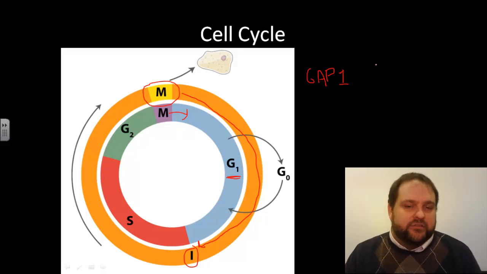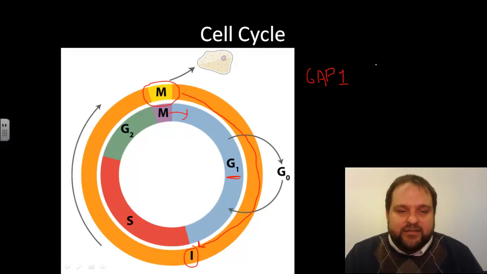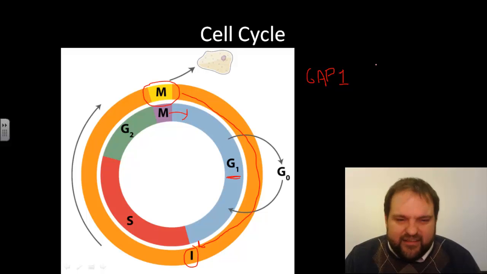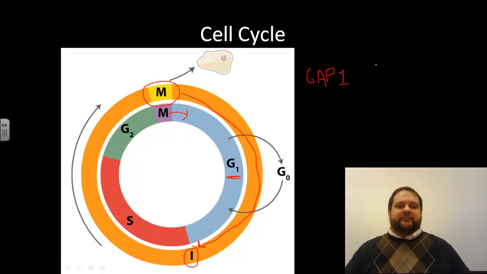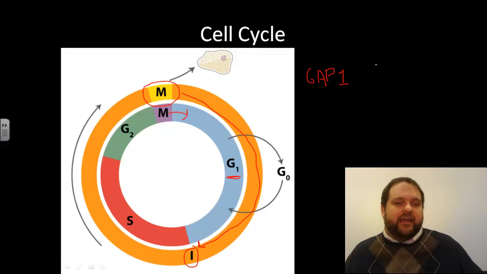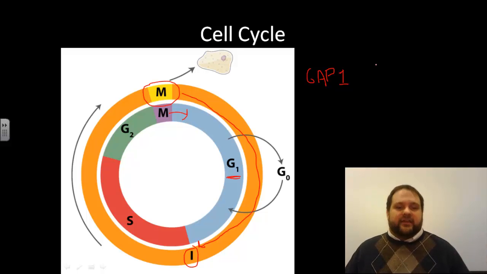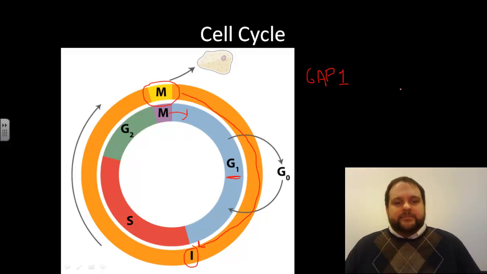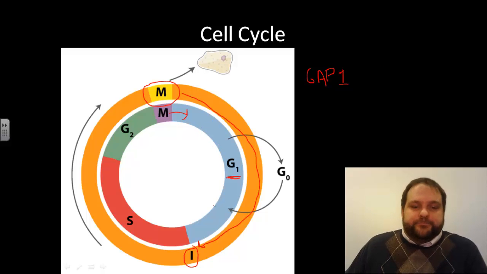It's going to do its normal life cycle things. It's also going to start replicating organelles, things inside the cell that the cell needs to survive. It's going to replicate and divide organelles. It's going to make proteins. It's going to exist and live. So that's gap 1. Then something signals the cell to move into the S phase.